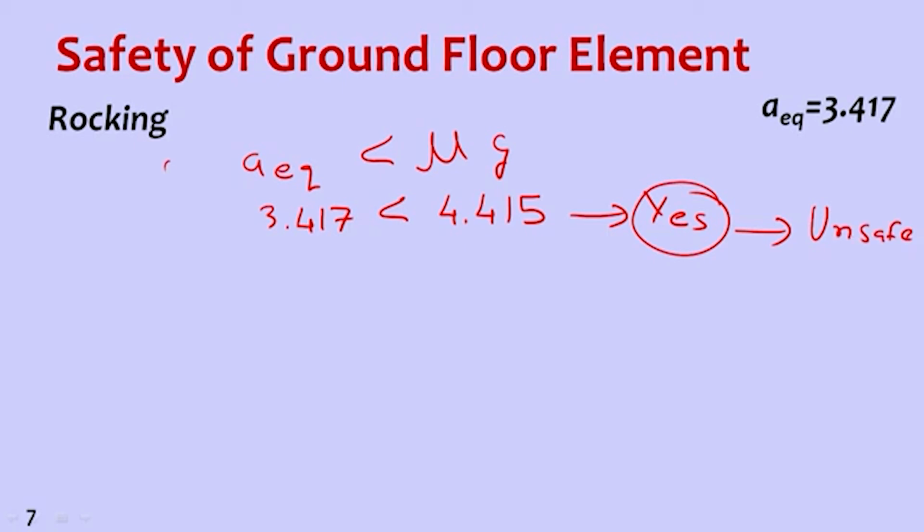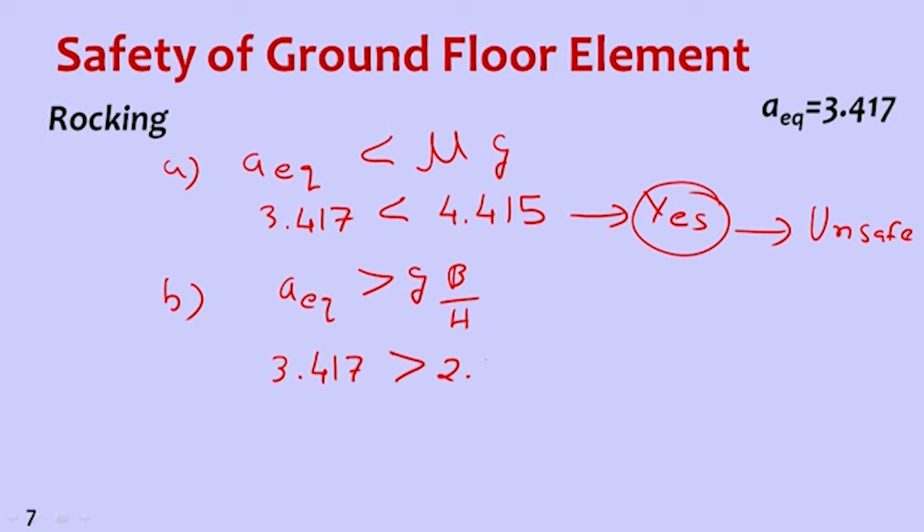But for the sake of calculation, let us check the second condition, where AEQ should be greater than g B by H. Here AEQ is 3.417, which is greater than the calculated value of 2.102. So this condition is also yes. Together we can say the structure is unsafe for the rocking condition.